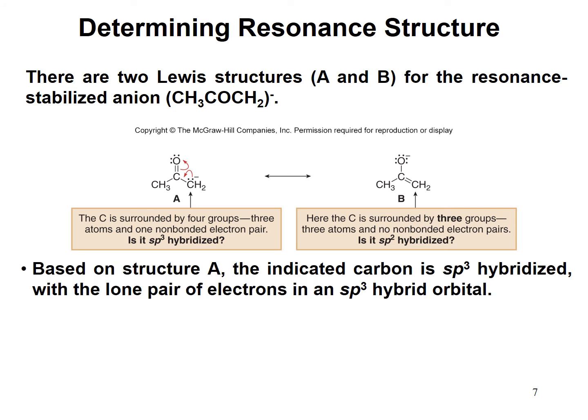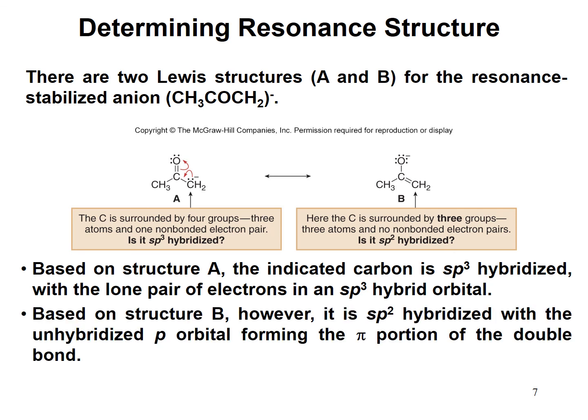If we look at structure B, an sp2 hybridized carbon exists with the unhybridized p orbital forming the pi portion of the double bond. But what we also see with compound B is that the oxygen will have a negative charge. Since oxygen is more electronegative, that's why we'll pick compound B for our resonance structure.